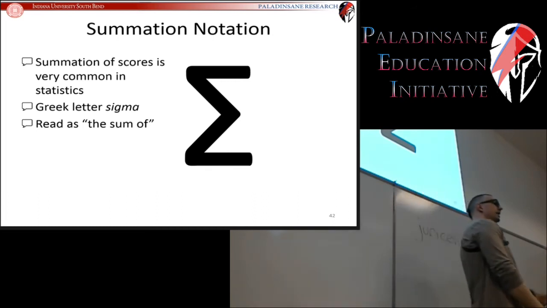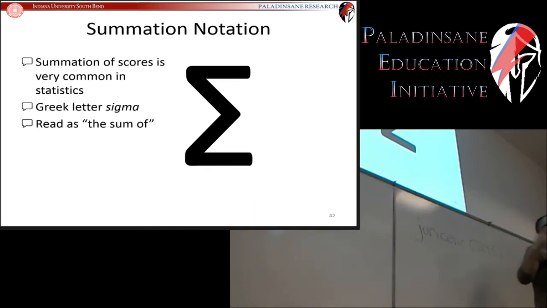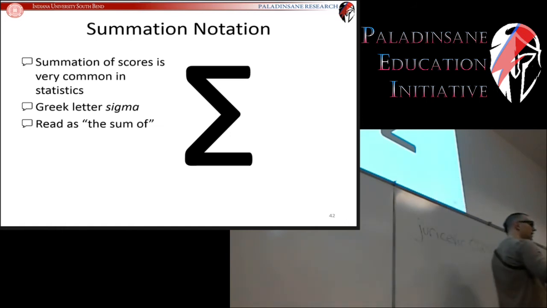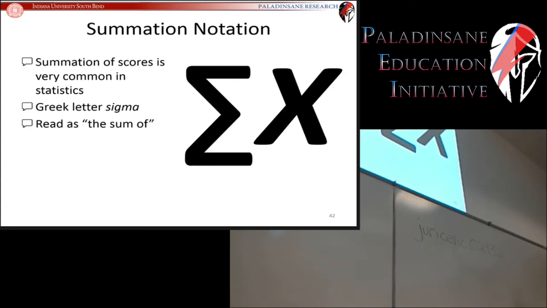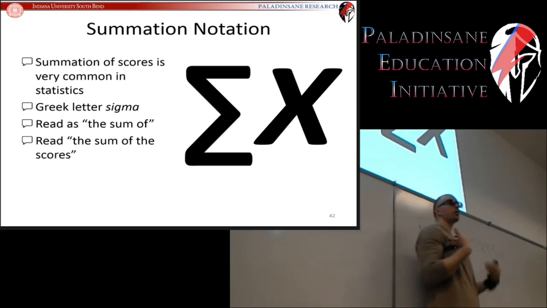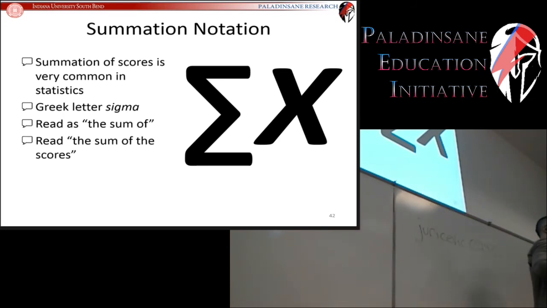Because if you get into that practice, if you read capital X as the scores and you read sigma as the sum of, when you see something like this, your brain will immediately read that as the sum of the scores. And our human minds understand what the sum of the scores means. It means you take the scores and you add them all up. What our brain doesn't understand is sigma x.